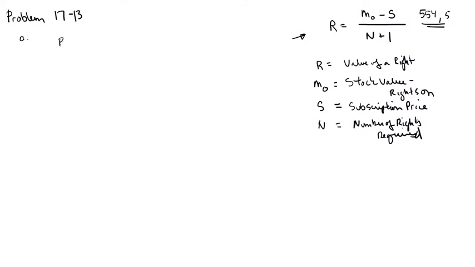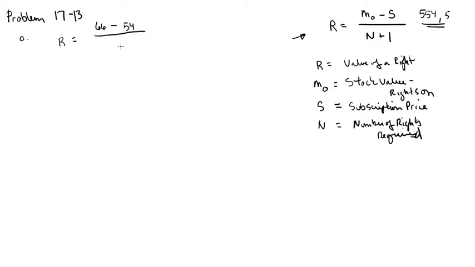We're looking for R, and that equals the stock value rights on, which according to the problem is $66, minus our subscription price, and according to this, 4 rights plus $54 in cash are needed to buy one of the new shares.